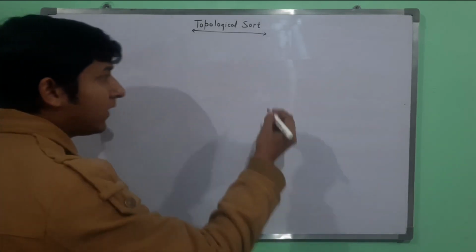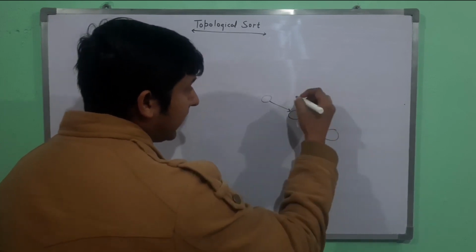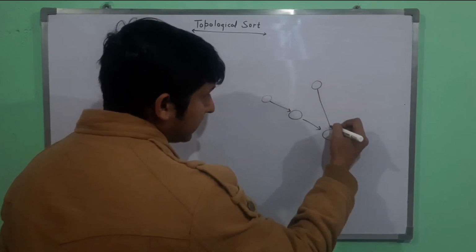Firstly, I want to assure you that this algorithm really works and it is tried and tested, if you are thinking about how it is working. But let me give you a glimpse of how it works exactly. So if I have some nodes, say like this, and another node coming like this.